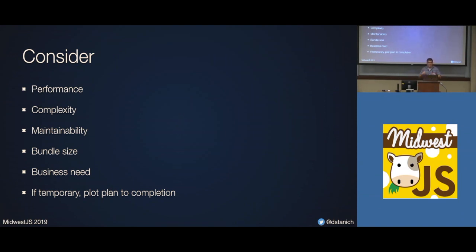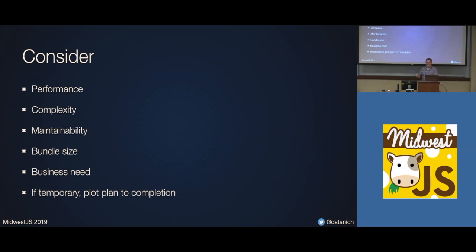Do you really even need to do this, or are you just doing it because it's fun, which is what I'm doing? Is it maintainable, right? If you have a team that is maybe less experienced, is this something that is going to cause maintenance problems? Bundle size is a big one. Every time you do this, you're introducing another framework into your bundle. A lot of the frameworks are pretty good about making a really, really small bundle, but it's really easy to include things like a state management tool.